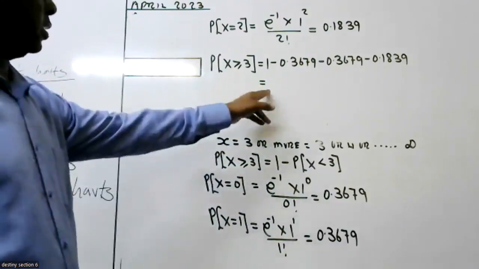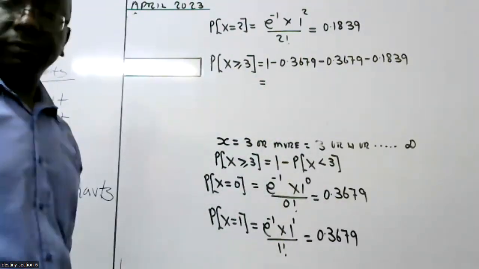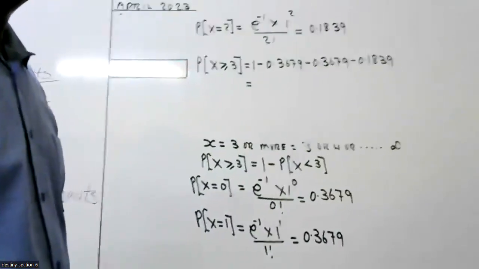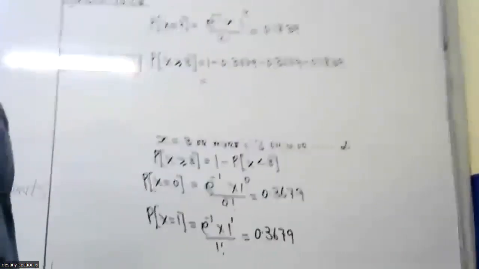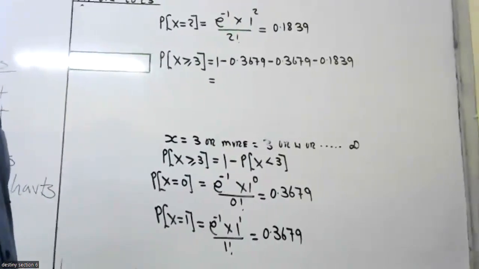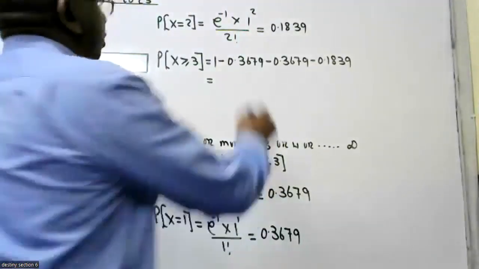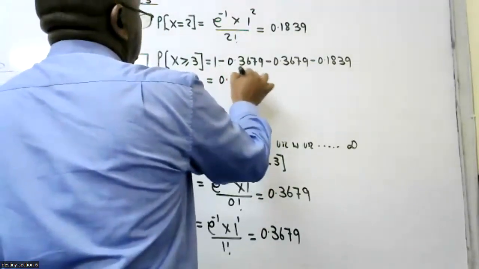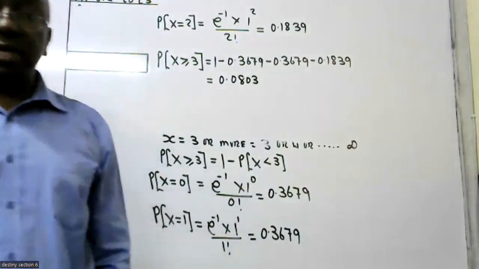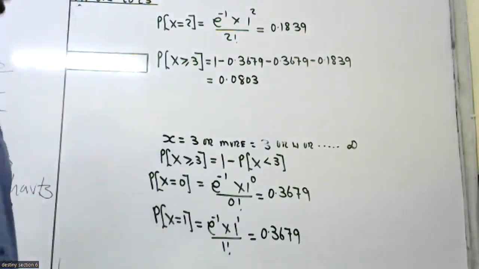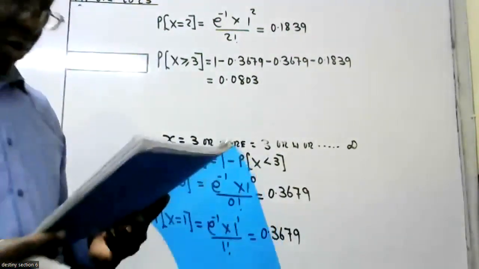So give me this. 0.0803. Good. So that is the probability that we have three or more defectives.